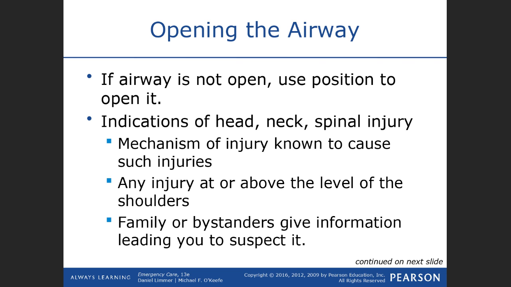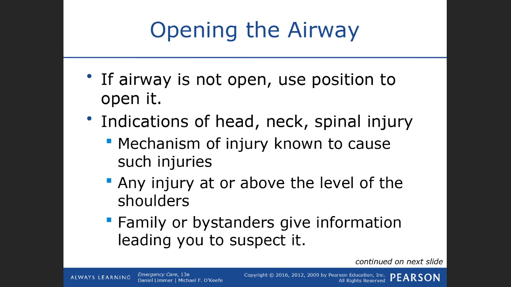When you're evaluating the mechanism of injury, you need to determine if this mechanism of injury is diffused or localized. Diffuse meaning, did the energy involved spread throughout the body?